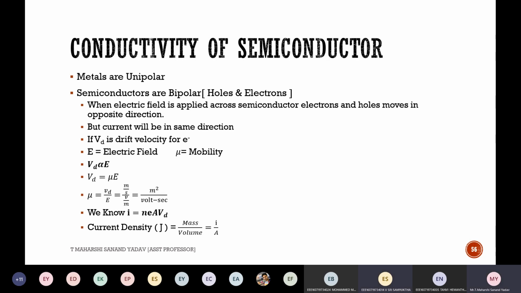Yes, both, sir. Then what is unipolar, and what is bipolar? Unipolar means the conductivity is because of either electrons or holes, whereas in a semiconductor it becomes bipolar, because conductivity is because of both.